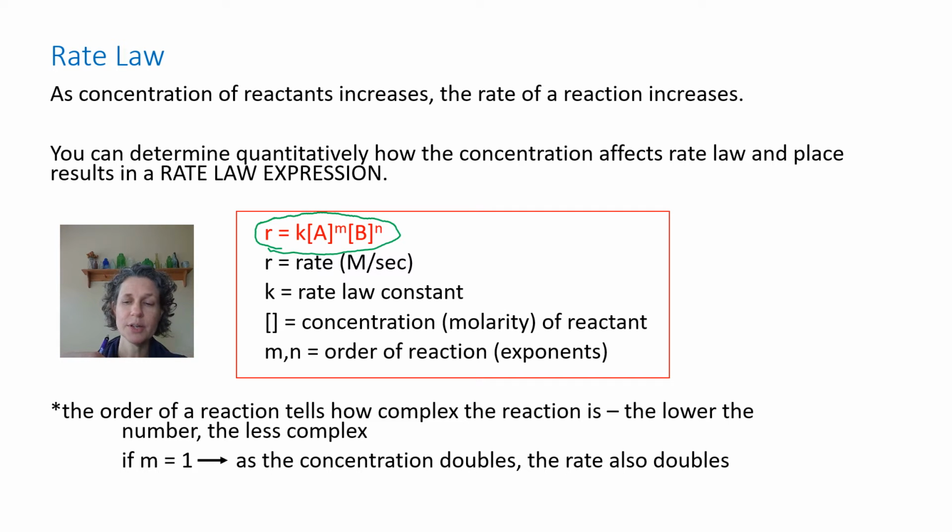The higher the number, the more complex the reaction; the lower the number, the less. Basically, if something is raised to the power of 1 and you double it, then the rate also doubles. Now, if it were raised to the power of 2, then it would be squared, and so the rate would be squared. It would increase exponentially.